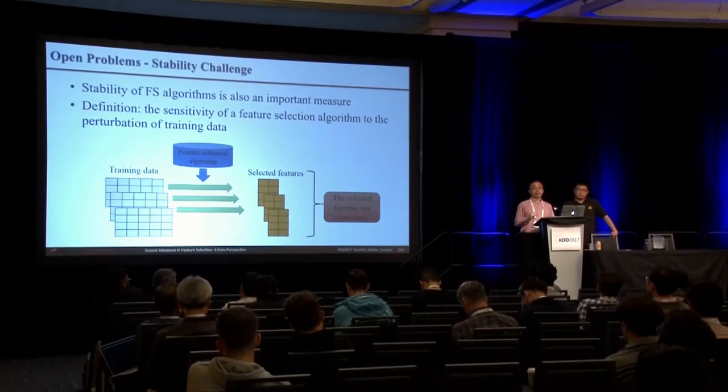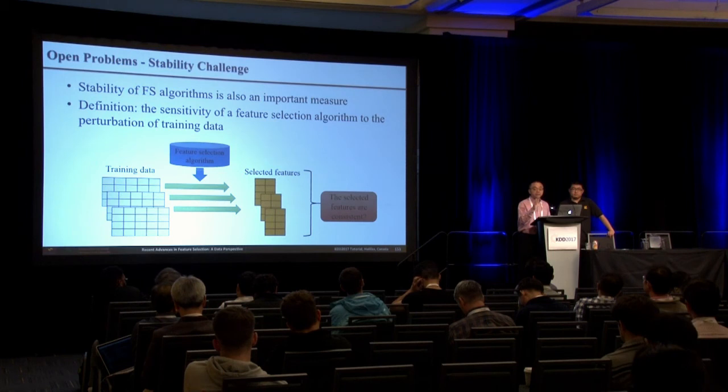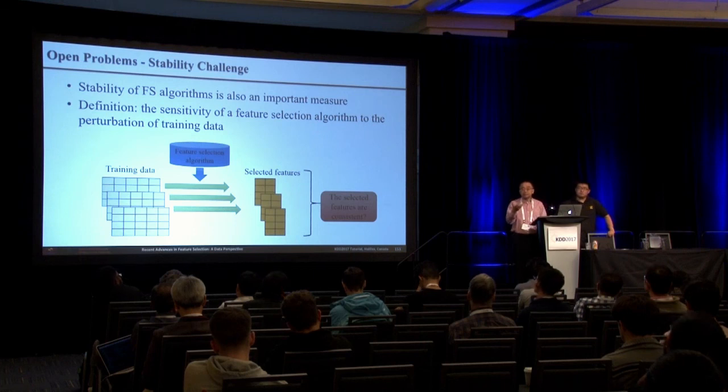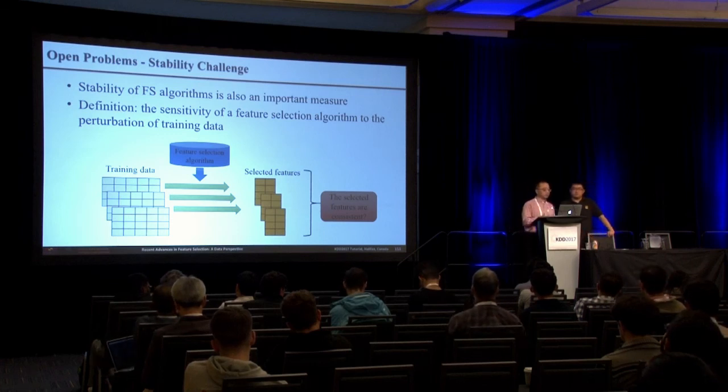So for data miners, if we want to convince our domain experts, we really need to work with them and find these subsets of features that make sense to them. Then they will help us to advance our goal. This is the stability issue.